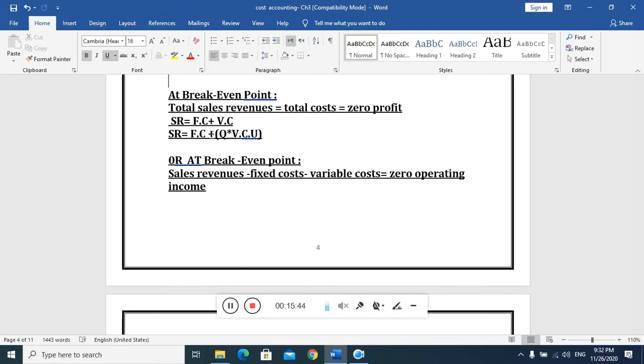Or we can say sales revenue equals fixed costs plus quantity sold multiplied by variable cost per unit. Or at the break-even point, sales revenue minus fixed costs minus variable costs equals 0 operating income.